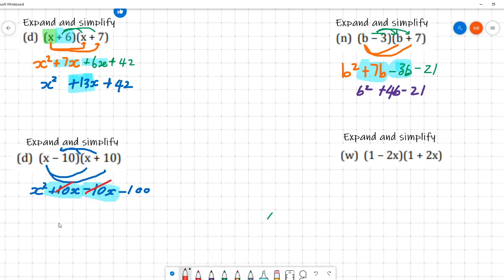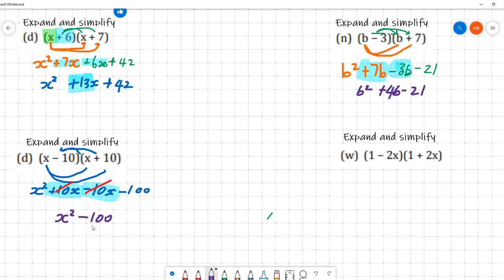These two cancel each other out. And so therefore our final answer, what we end up with, is actually x squared, because that still stays where it was, take away 100. And because that stays where it was, plus 10 minus 10 becomes 0, therefore we don't need to write it.